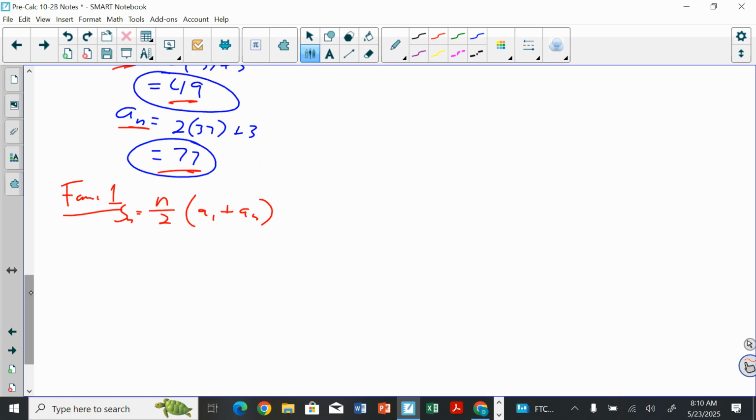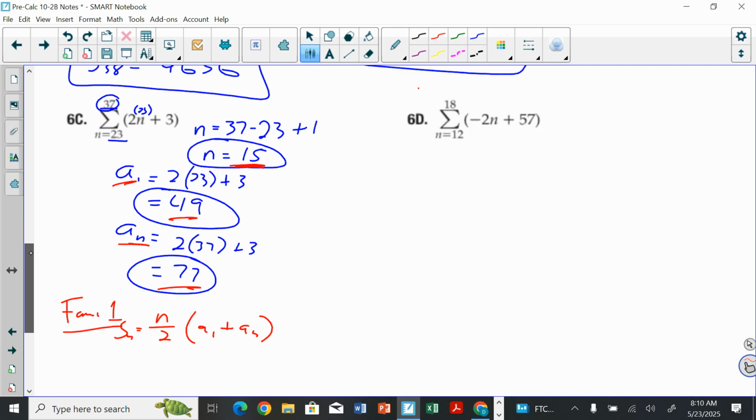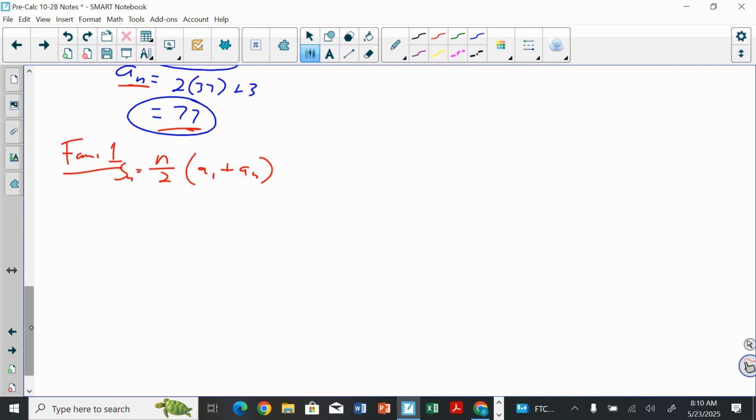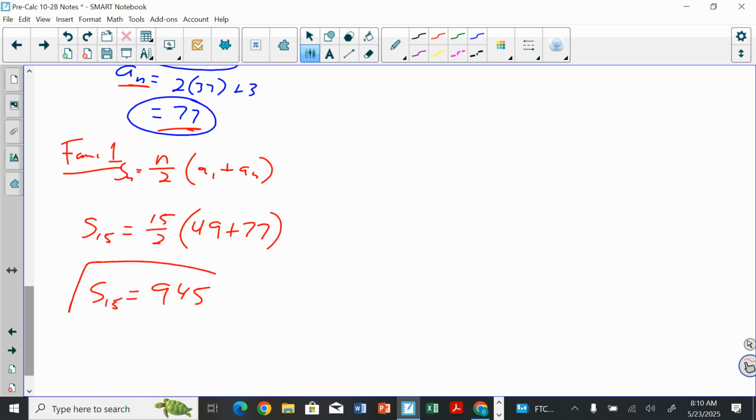S of 15, because n is 15, equals 15 over 2 times 49, my a1, plus 77, my a sub n, and away I go. The sum of those 15 terms would be 945 when I do that math.